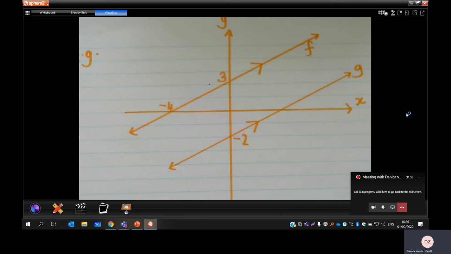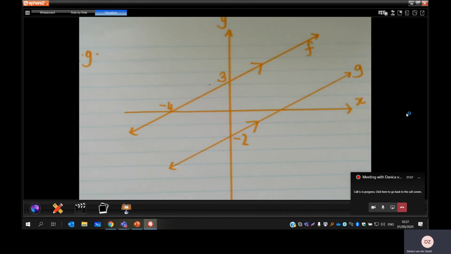Determine the equation of F and determine the equation of G. So looking at F and G, which one is the easier one to solve first? Why, because I get more information. I get 2 points, which means I can do a gradient, which means I can sub to find the letter c.